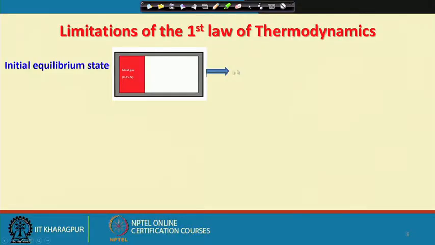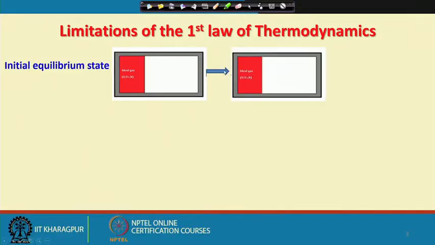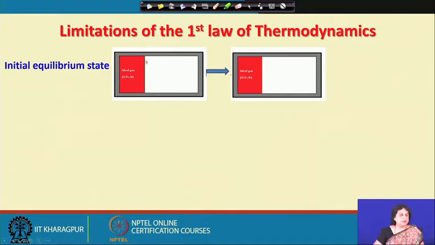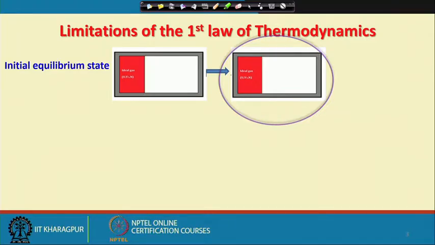Now, we are planning to disturb this system. And how do we disturb this system? We are going to withdraw this separator without adding or withdrawing energy from the system, and then the system finds itself ready to undergo a change in state. Now, what will happen?